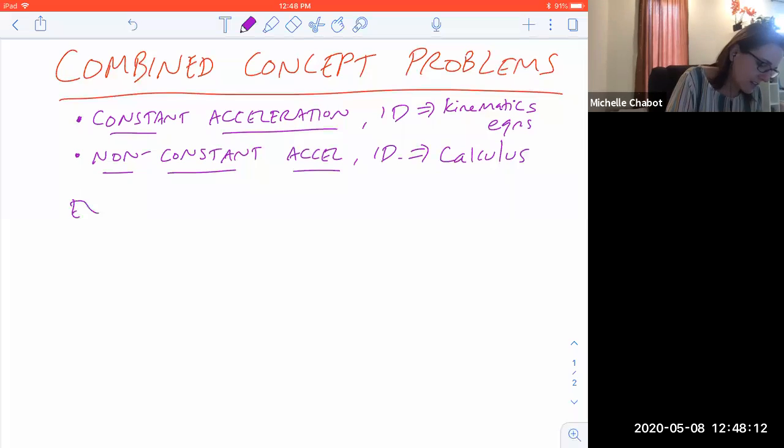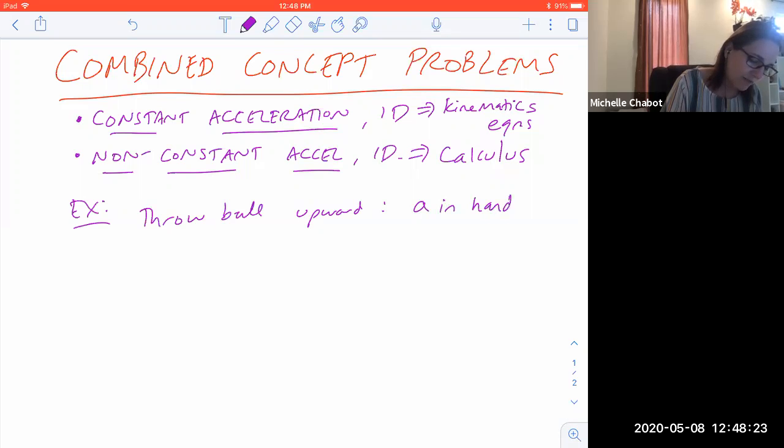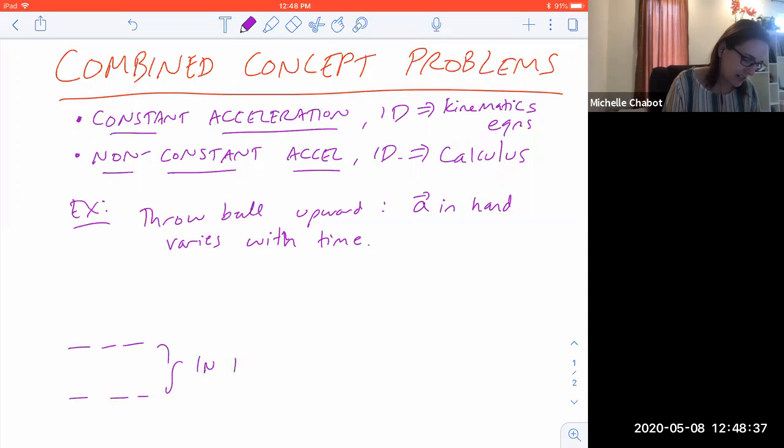So as an example, if you throw a ball upward, and let's say the acceleration in the hand varies with time. So, maybe you have this sort of portion where it's in your hand. And so the ball heads upward, and then after that, it goes up and then it comes down.